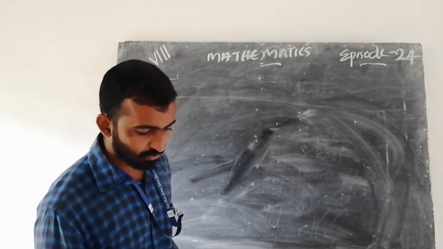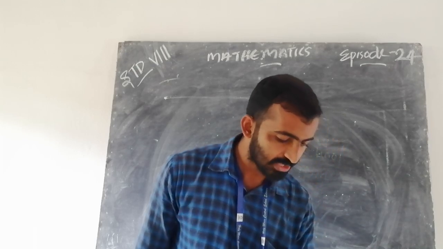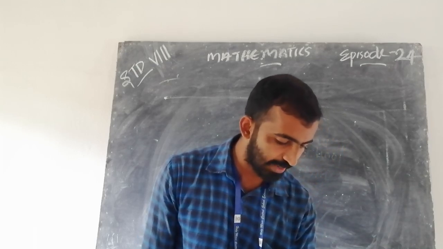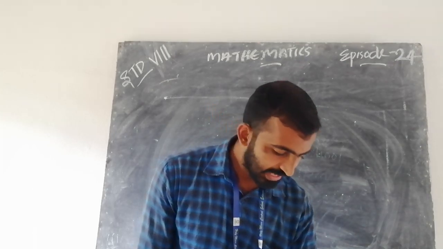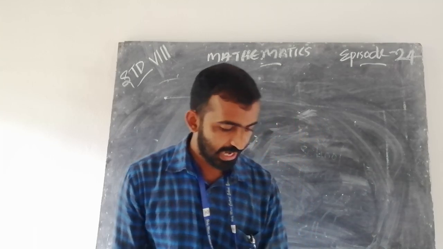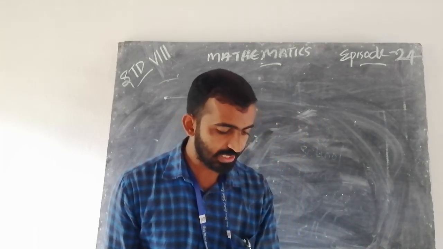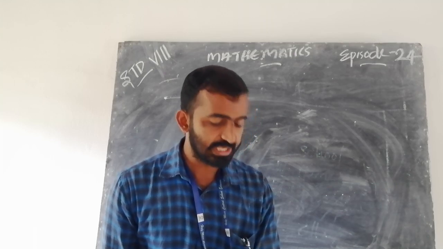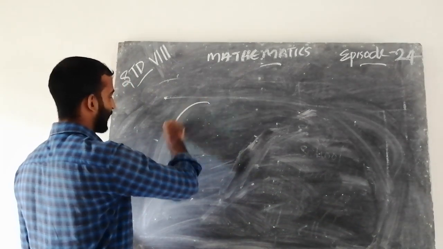First question is, a survey was made to find the type of music that a certain group of young people like in a city. The adjoining pie chart shows the findings of this survey. That is, they are given a survey result in a pie chart.